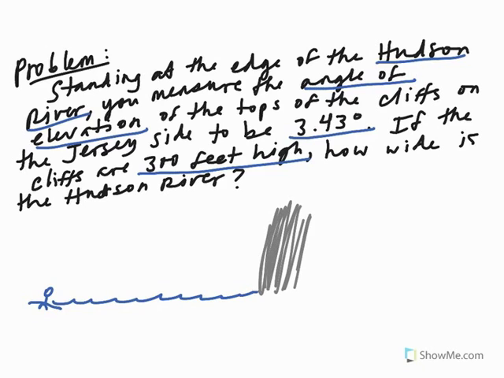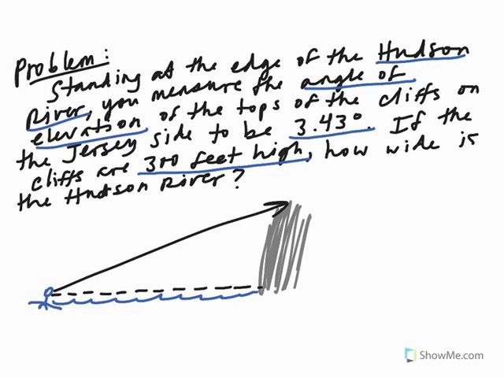And the question says that we measure the angle of elevation from us to the top of the cliff to be 3.43 degrees. Now, how is angle of elevation measured? Okay, we always start by measuring it from a straight horizontal line from our eye level.